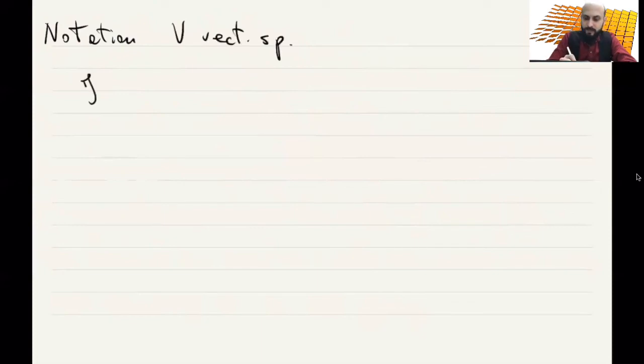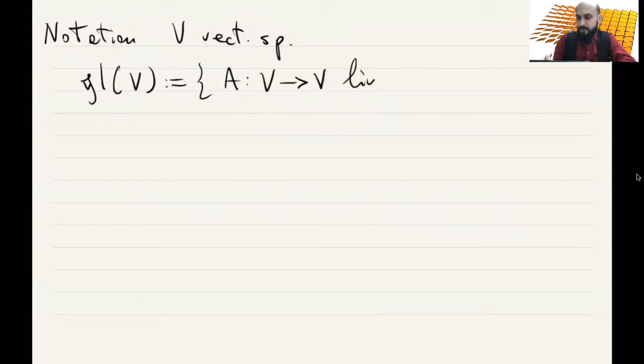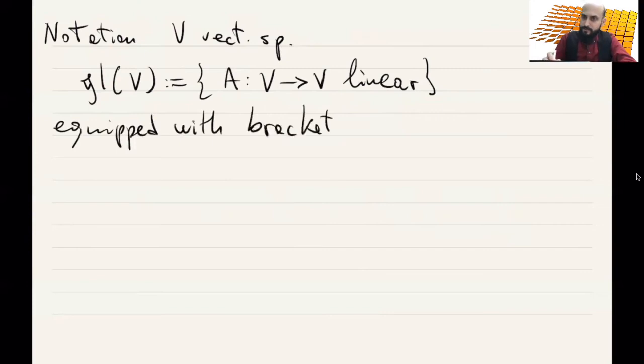We define gl(V), now in Gothic font, to be the space of all the linear transformations of V equipped with the bracket: the bracket between A and B is AB minus BA.